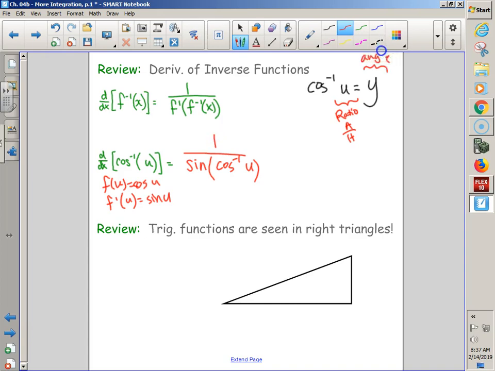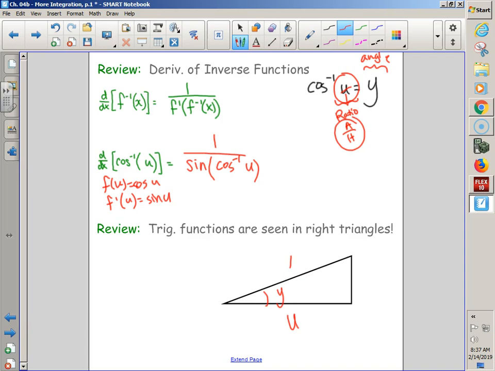So if I was doing a right triangle, I could say y is the angle, and cosine y, u over 1, is the adjacent over the hypotenuse. We actually did some of this in pre-cal for a second.